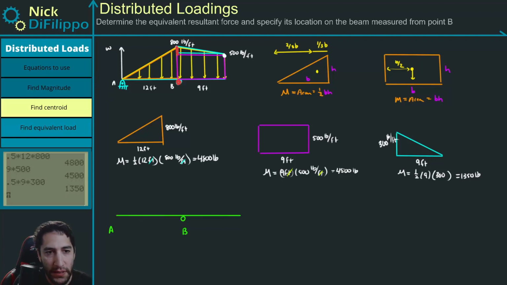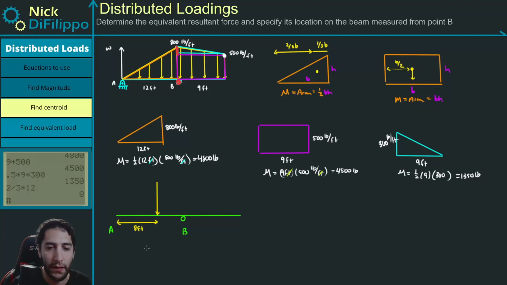So first, my magnitude of this triangular loading is going to occur 2/3 of the way from this 12 feet. So 2/3 of 12 is going to be 8. So this distance from here to here is going to be 8 feet.